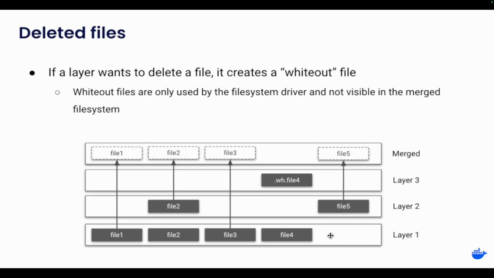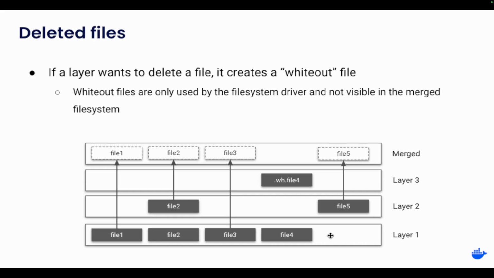So in layer 3, if I need to get rid of file 4, what I'm going to do is very similar to if I had a piece of paper with ink on it and I needed to write over that. I would take a bottle of whiteout and I would cover up that text on the piece of paper, and then I would write on top of it. That's exactly what we're doing here. We're creating a whiteout file that exists in layer 3 so that in the merged file system, in the running container, we don't see file 4 anymore.